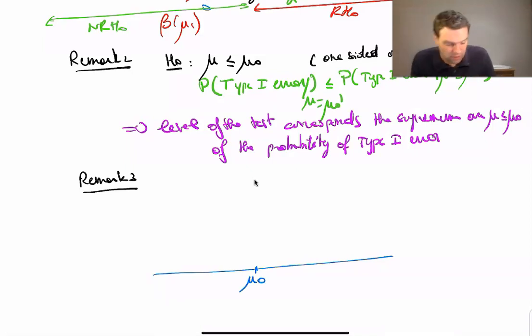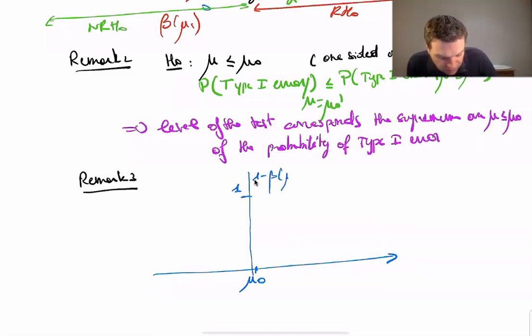And here we have an axis, which is mu1, we had said, and the power of the test, the 1 minus beta, the probability to reject when we have to reject, should be very close to 1. This is 1 minus beta of mu. We can write mu here.